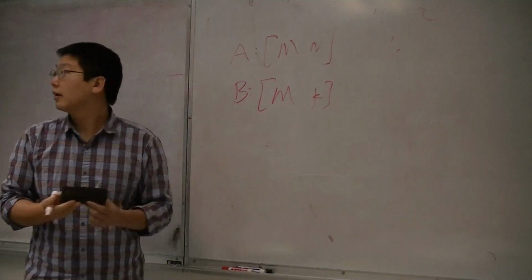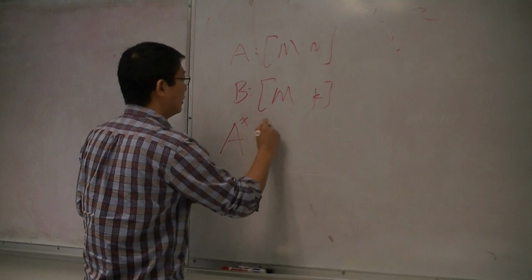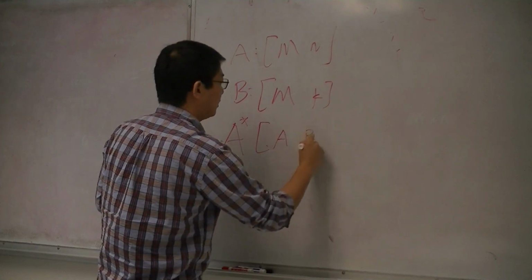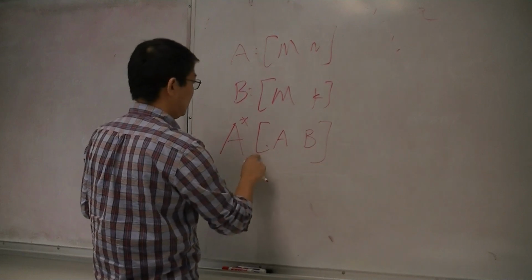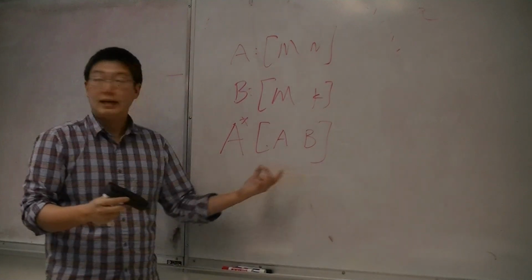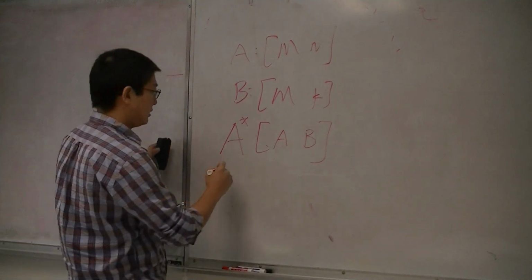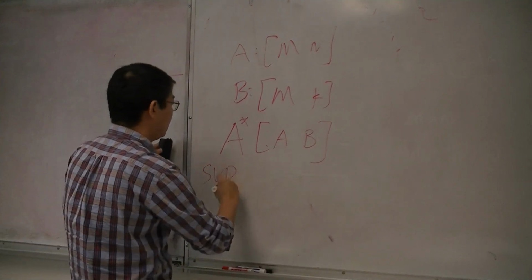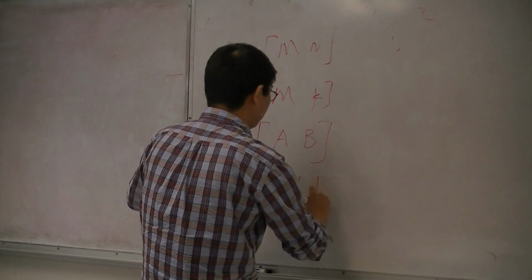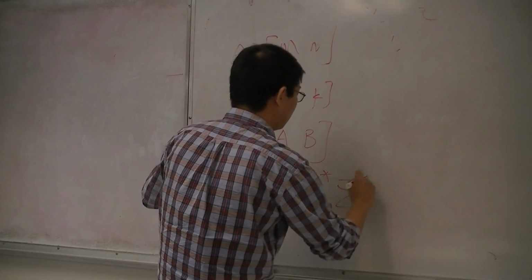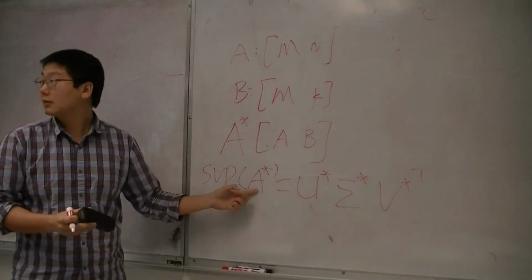We use K. And we have a new combined matrix, A B. It has the same number of rows, but the number of columns is increased by K. And we want to calculate the SVD, A star, U star, sigma star, V star transpose. We want to calculate this one.